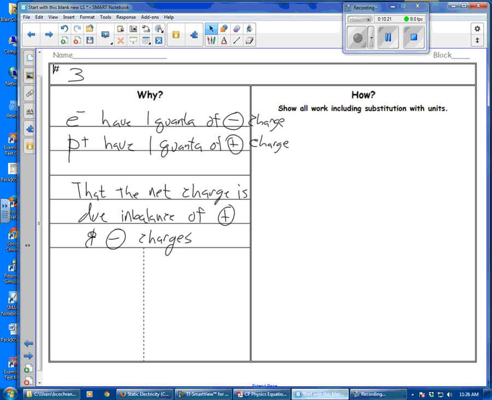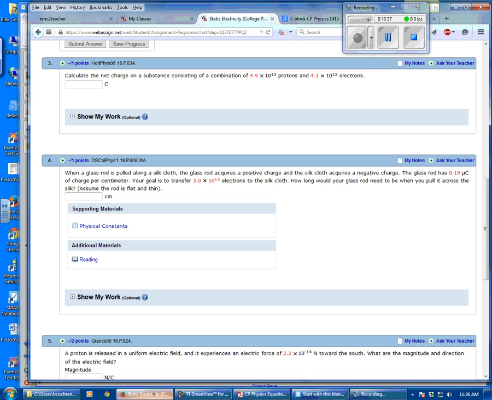So, as we discussed on the first day, things are charged because of the imbalance of the charges, not because they have charges. So, looking at our values here, I'm looking for the difference between the protons and the electrons.